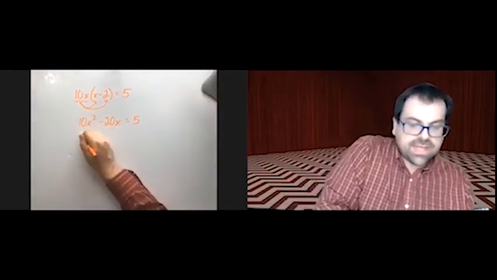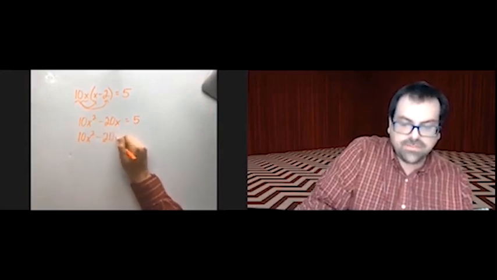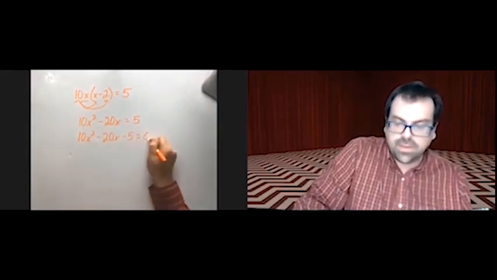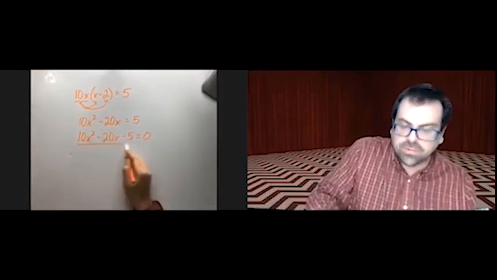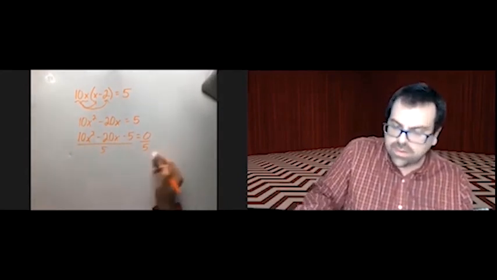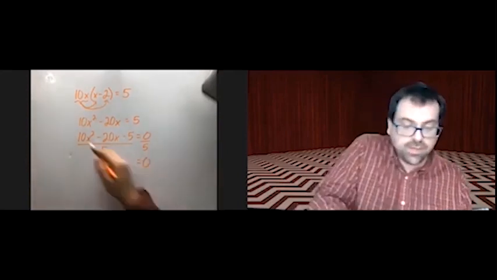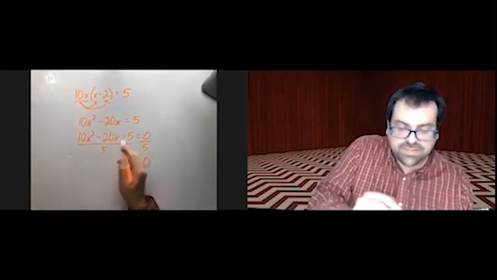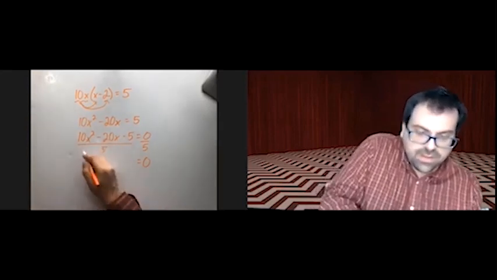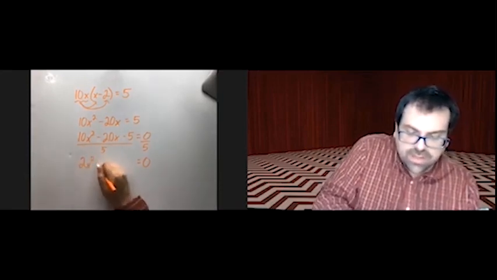Get everything on one side, 0 on the other. So subtract the 5. And we can simplify this a little more by dividing both sides by 5. That keeps us with a 0 on the right. But here we would have each of these divided by 5. 10 divided by 5 gives us 2x squared.